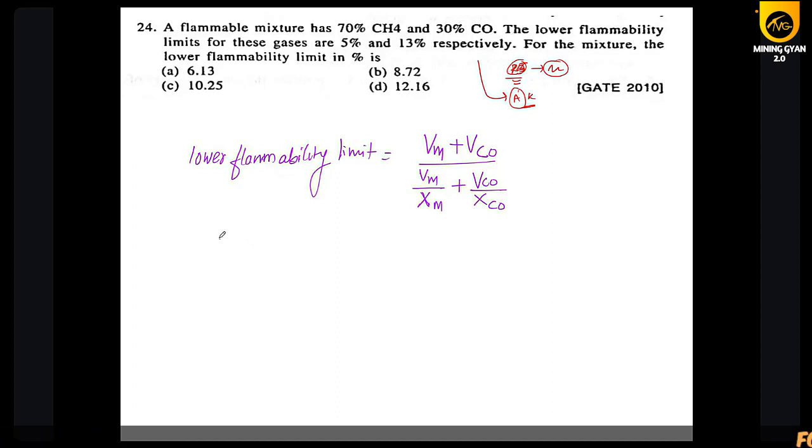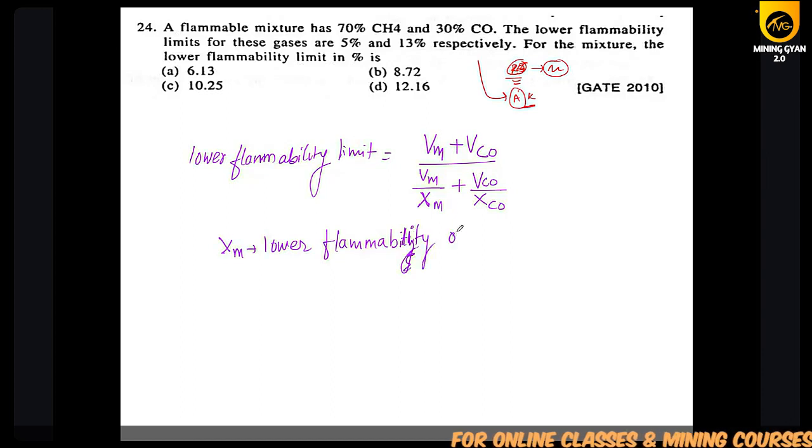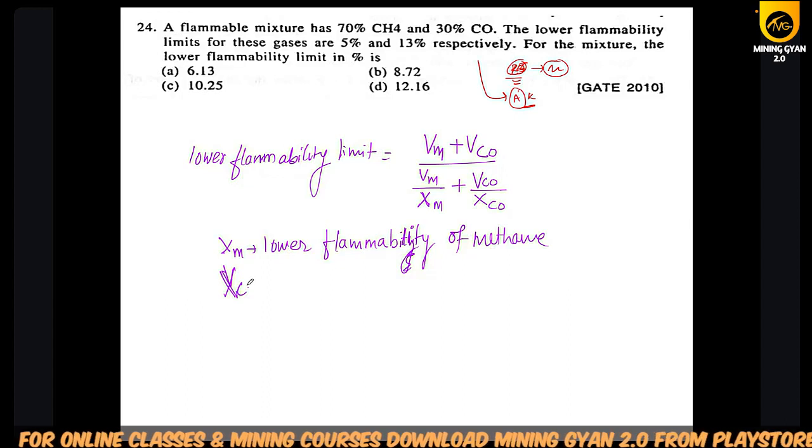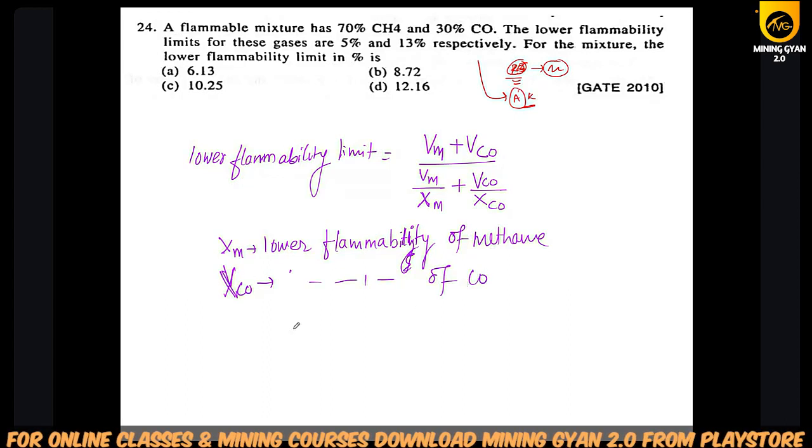Xm is the lower flammability of methane, or X of CO is the lower flammability of CO. And what is Vm? It is the volume of methane.